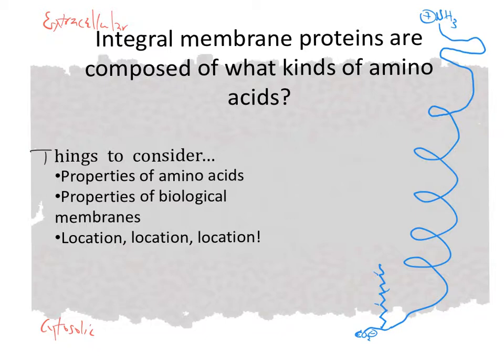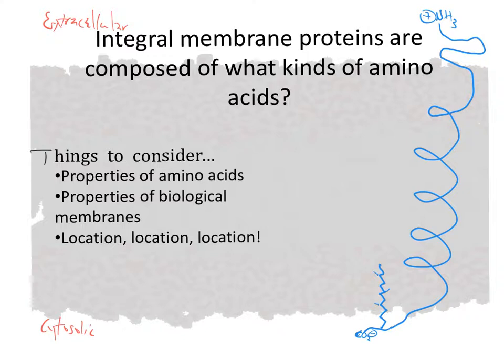Now, if we keep moving on down, what are some of the amino acids that you would expect to see within the membrane? The nonpolar ones. And this is another time that you do many times see alanine and glycine. Usually, this is just a little asterisk, a rule of thumb.